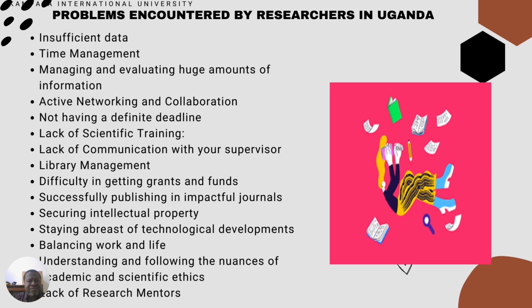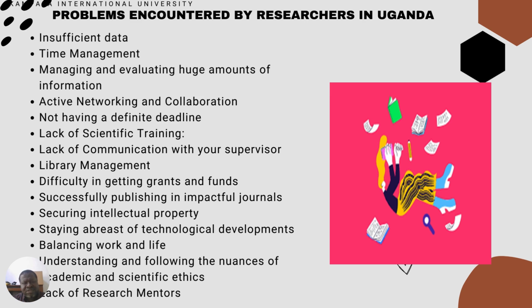Difficulty in getting grants. Grant money is what you need to execute research. And most of the time, we don't have funds here in developing countries like Uganda to execute most research. And when we want to access a grant, it becomes a challenge. We don't know how to go about it.